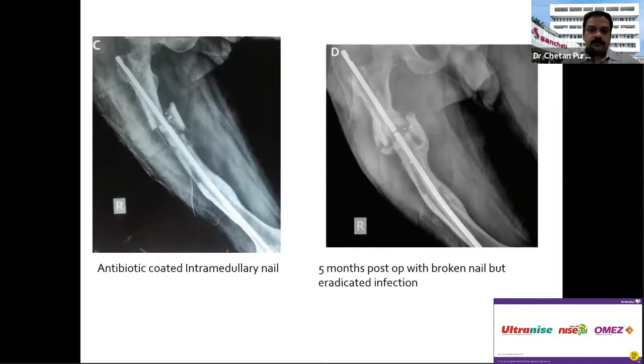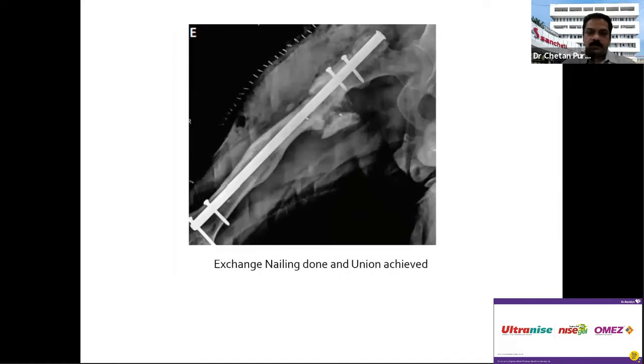So as you can see, the nail has backed out and it has broken as well at the fracture site. But luckily, the local antibiotic delivery served its function of controlling the infection. So we just had to remove this nail and do another nail and bone grafting. Unfortunately, again, I don't have the final union images of this patient.